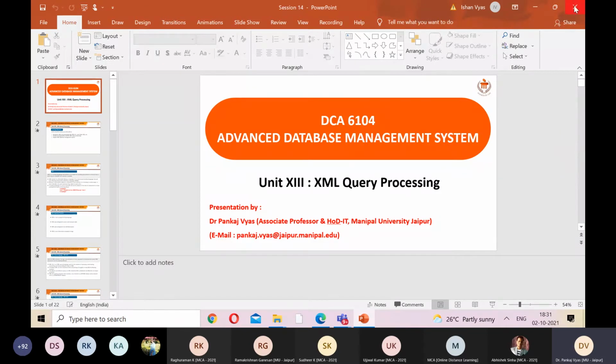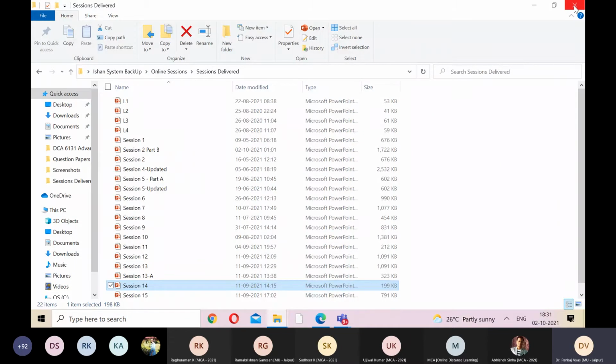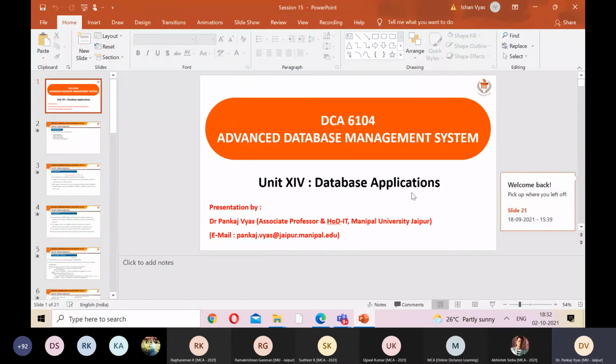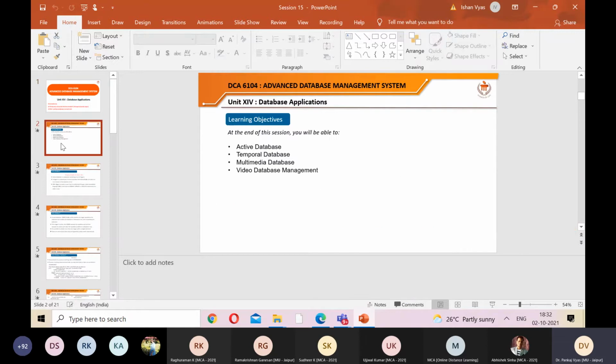And the last one, if you remember, is session 15, where we talked only about database applications. These are only the application aspects. Understand? So you can expect some multiple-choice objective questions from this also. But my focus will typically be on sessions 1 to 14.